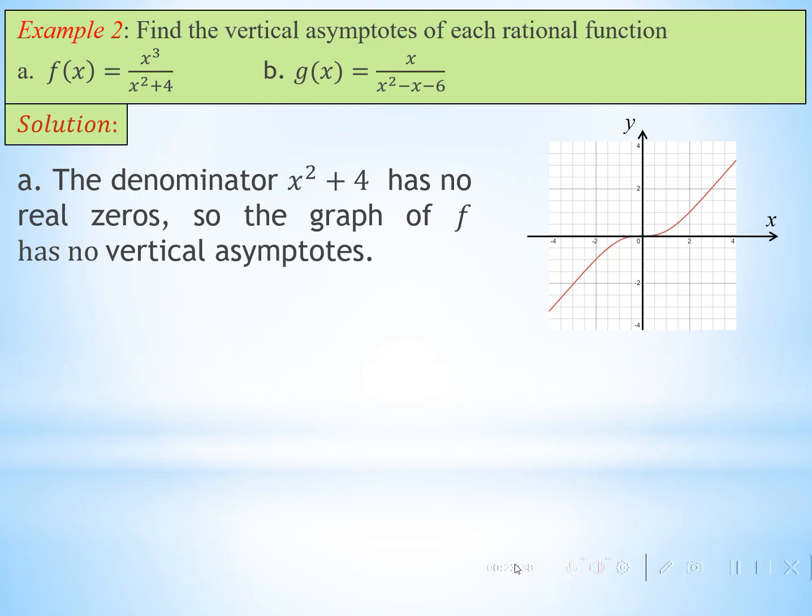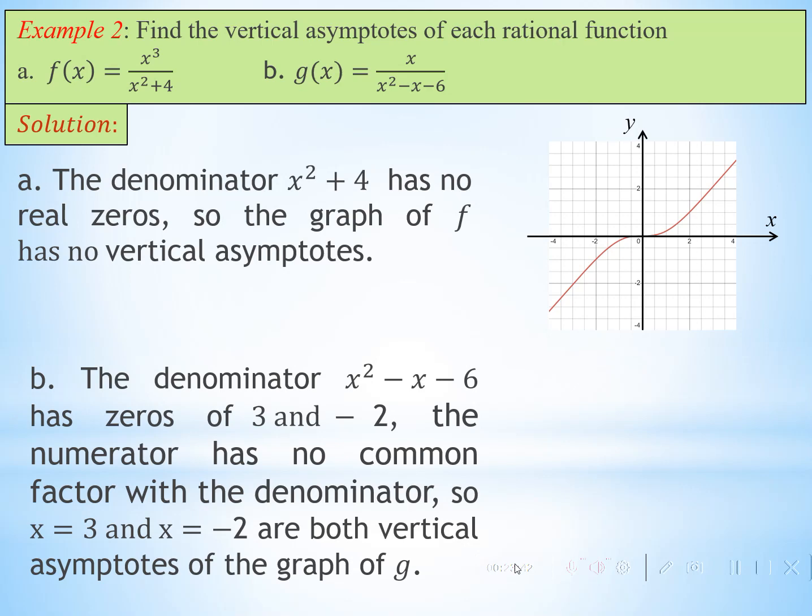And in the second part of the example, the denominator x squared minus x minus 6 has zeros of 3 and minus 2. The numerator has no common factors with the denominator, so x equals 3 and x equals minus 2 are both vertical asymptotes of the graph of g.